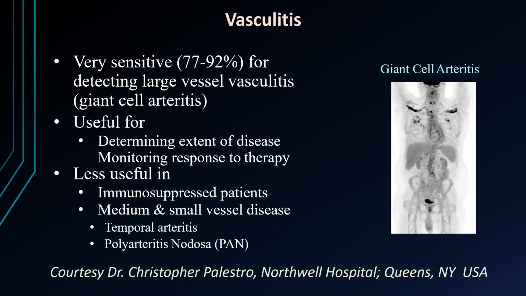So vasculitis is another area that FDG PET has made great inroads because vasculitis often shows up as a fever of unknown origin and is one of the differential diagnoses. So PET is quite sensitive for that and can actually help find these etiologies and separate them from infectious etiologies in that matter, but it is usually for detecting large vessel giant cell arteritis or vasculitis.